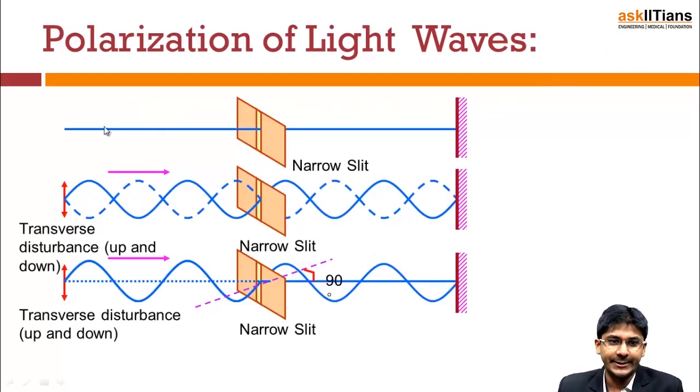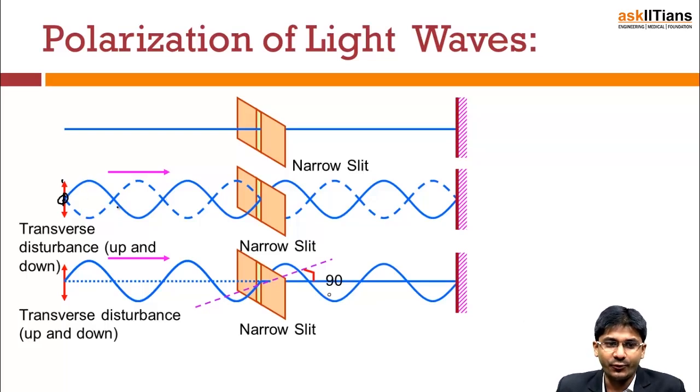Now suppose this is a string. We use a very simple experiment to show you what polarization is. A string going through a slit like this. Now you start giving it a disturbance in this manner. This disturbance travels forward.